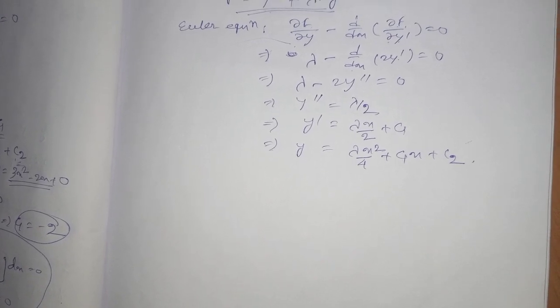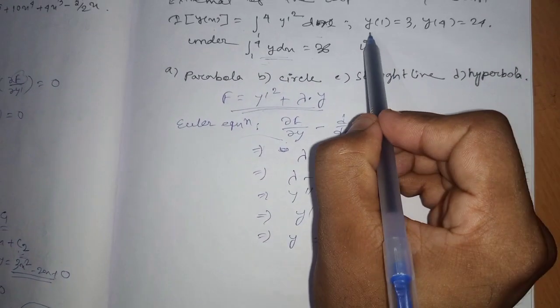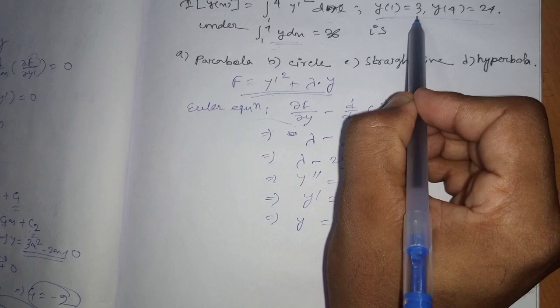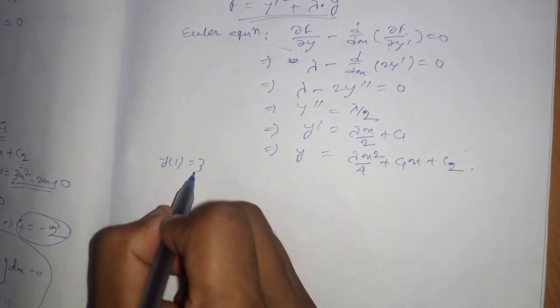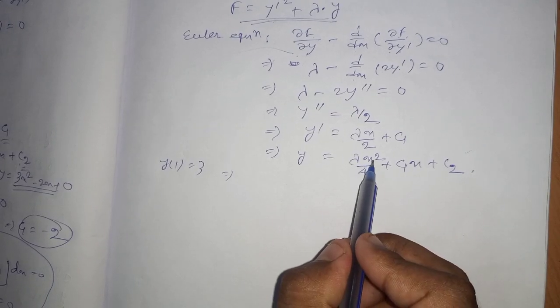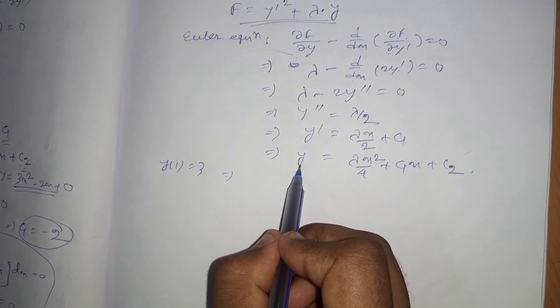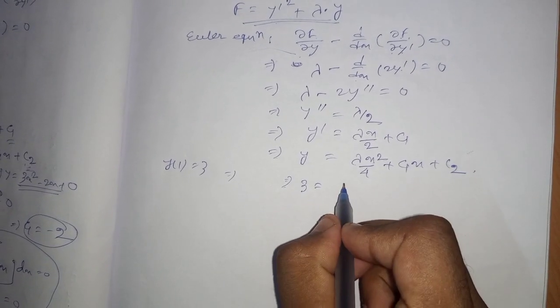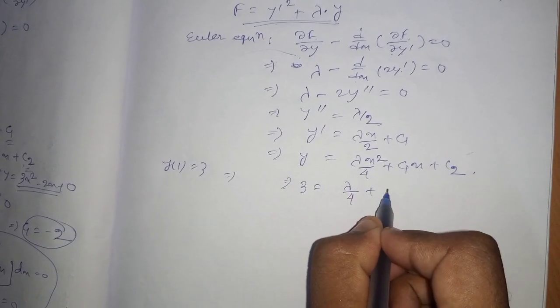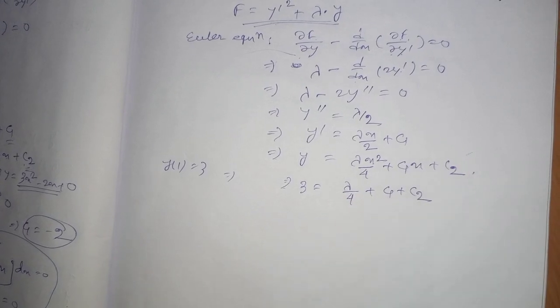Now use these boundary conditions, y(1) equal to 3 and y(4) equal to 24. So if we put x equal to 1 here, we will get 3 equal to lambda by 4 plus c1 plus c2.